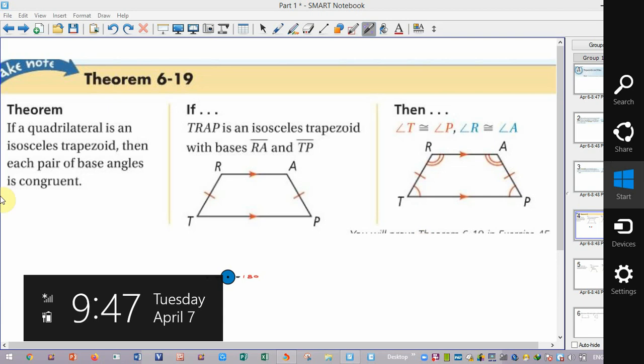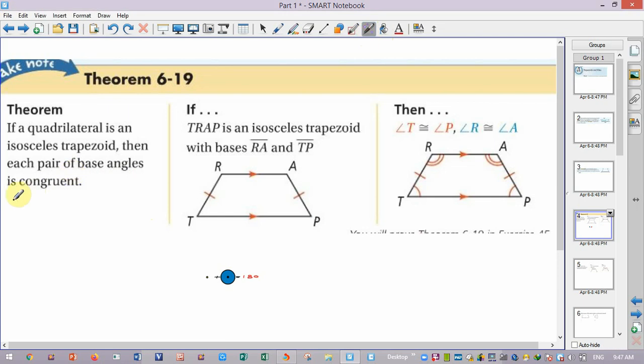In the isosceles trapezoid, each pair of base angles are congruent. Congruent means this base TP has two angles that are equal in the isosceles trapezoid.